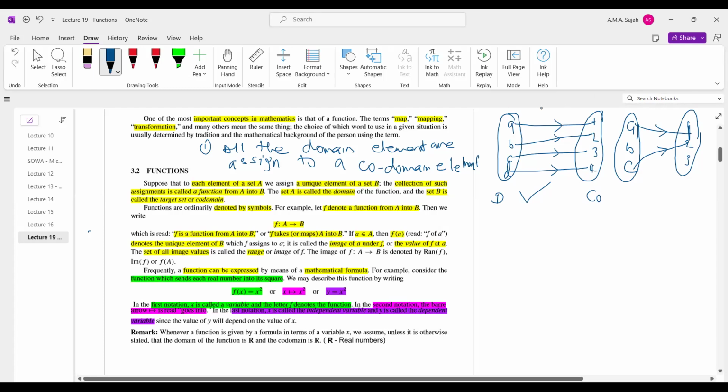So what do you think about this one? This is the domain, this is the codomain. Is it a function or not?